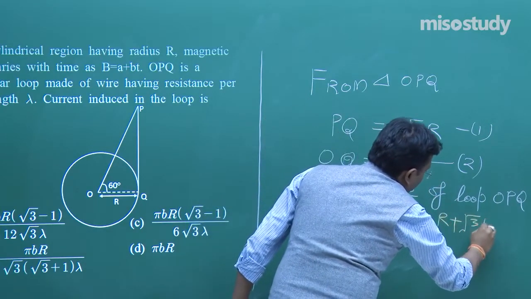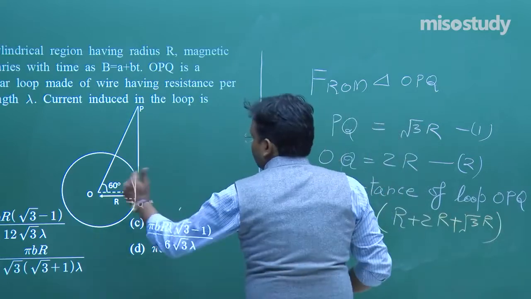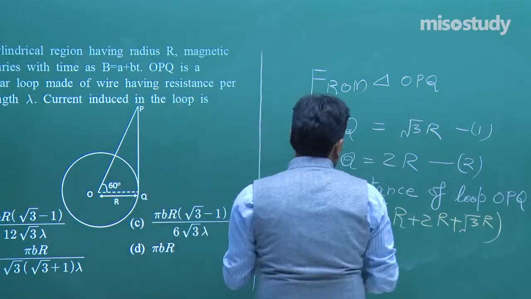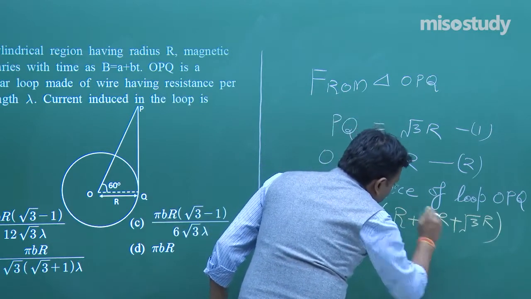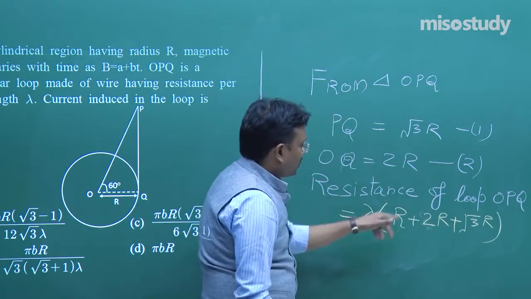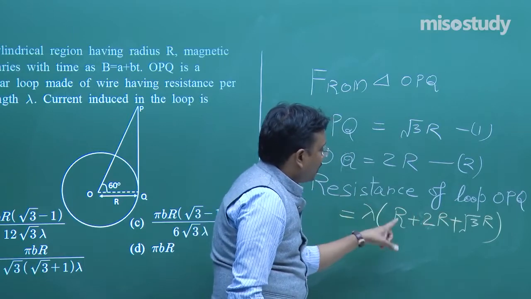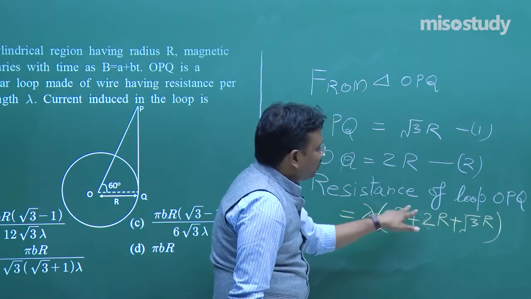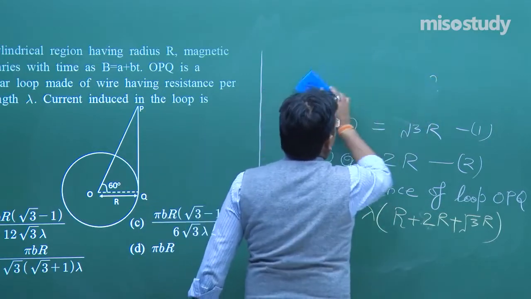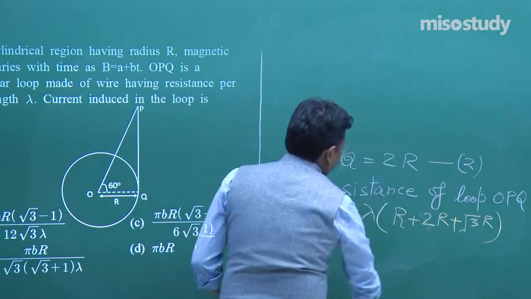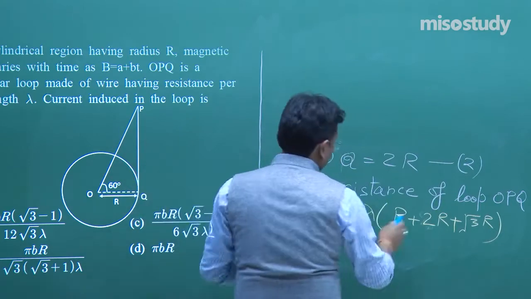Anyway, not a difficult thing, very simple. Fine. So this length, and this length, R plus 2R plus root 3R. So how much it's going to be? Take R common. So 1 plus 2, that is 3, 3 plus root 3, fine. So let's write down this value over here using this diagram.